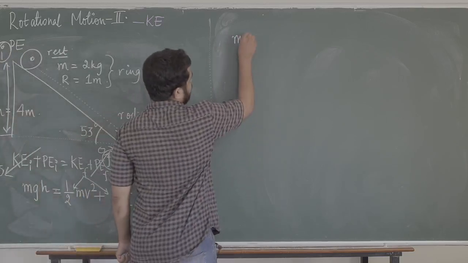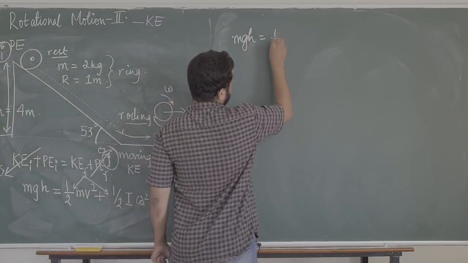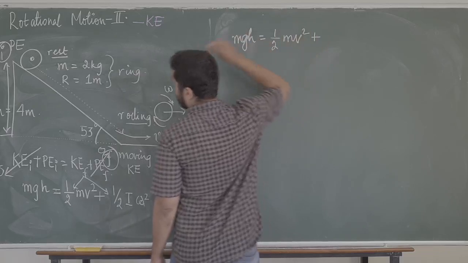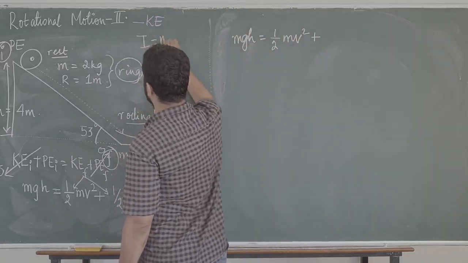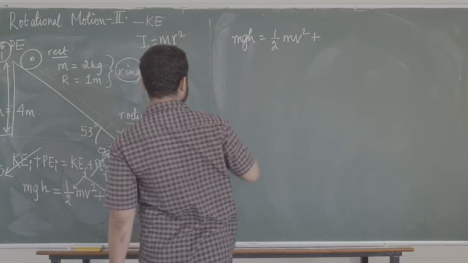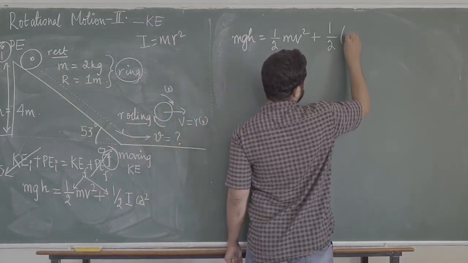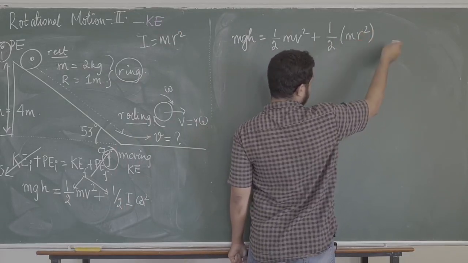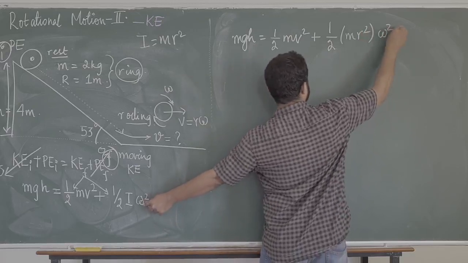You'll write mgh is equal to kinetic energy of translation, that is half mv square, plus, this thing is a ring, so the moment of inertia is equal to mr square. तो क्या लिखेंगे? Half, instead of moment of inertia we'll just simply write mr square and then we will write omega square.